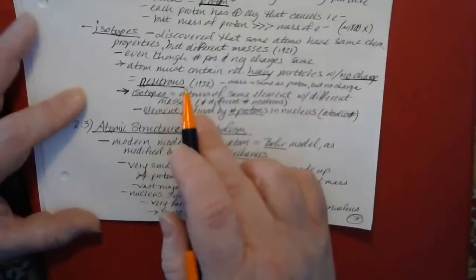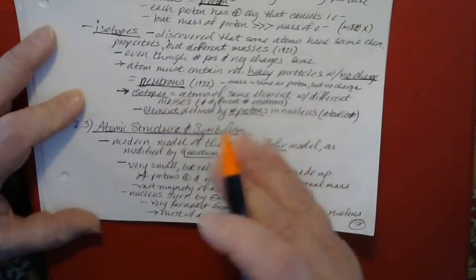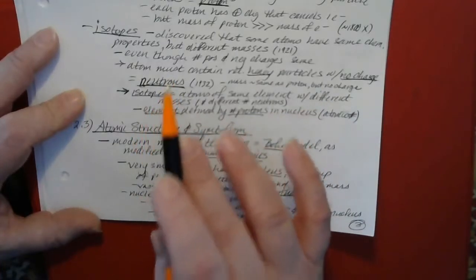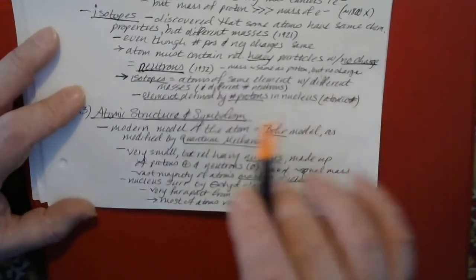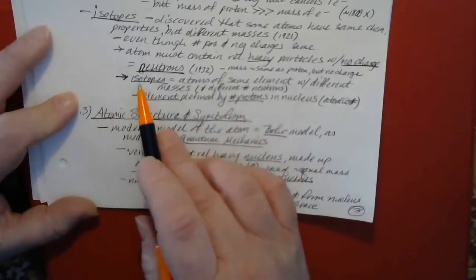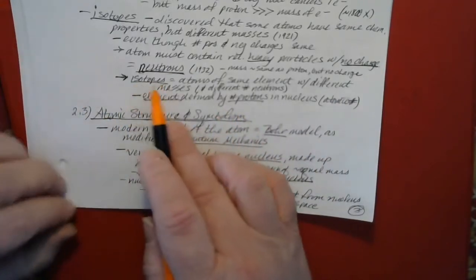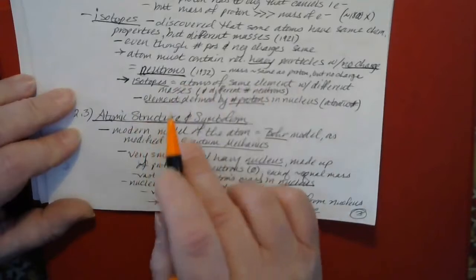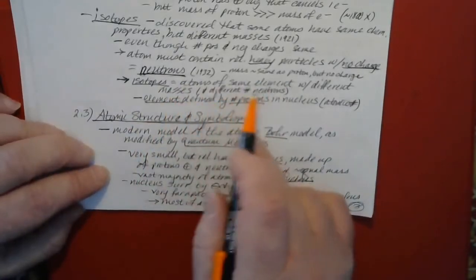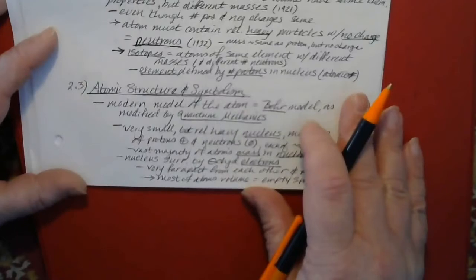We knew from the ways that masses of various atoms of an element can vary that neutrons must be relatively heavy. They have about the same mass as a proton, but no charge. And in fact, isotopes are defined as atoms of the same element with different masses. Or in other words, that's because they have different numbers of neutrons.